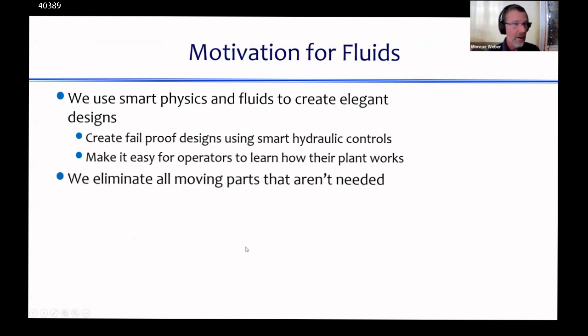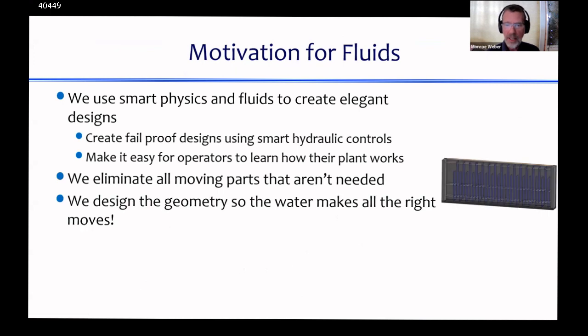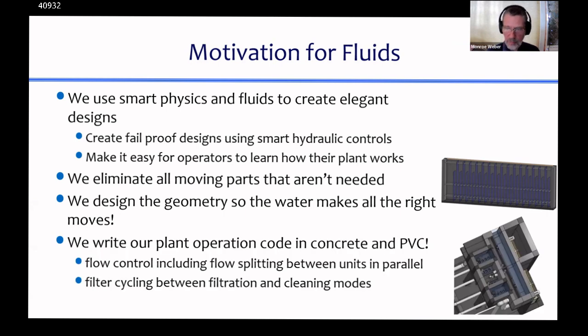We eliminate almost all of the moving parts, and we design the geometry so that instead of electrical motors moving things, we make the water move. So we create the geometry so the water has to move the way we need it to move so that the right things happen.